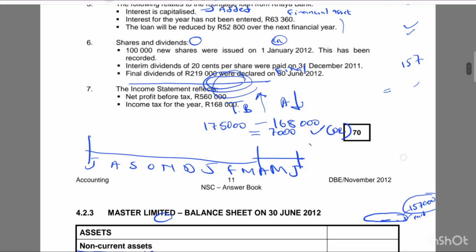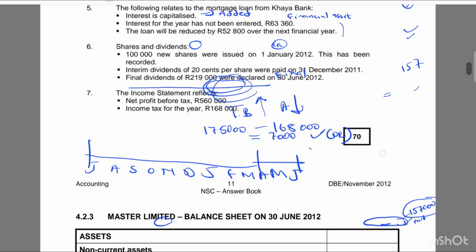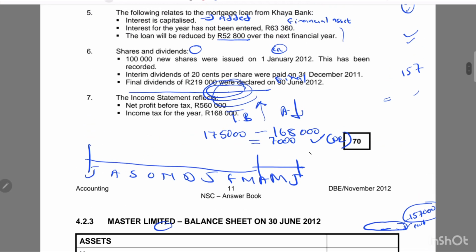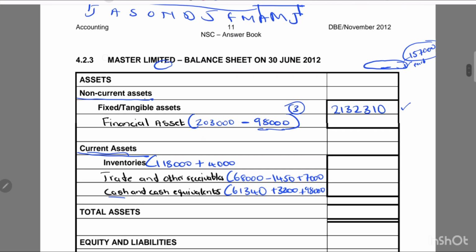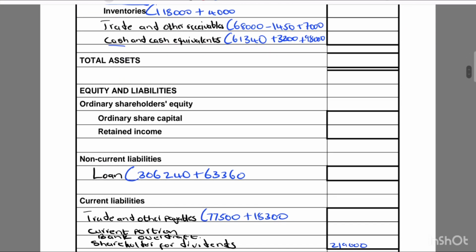Then the loan will be reduced by 52,800 over the next financial year. So guys, even this one is very important. Over the next financial year. Remember, non-current liabilities are those liabilities that last for more than 12 months, but current liabilities are those that last less than 12 months.